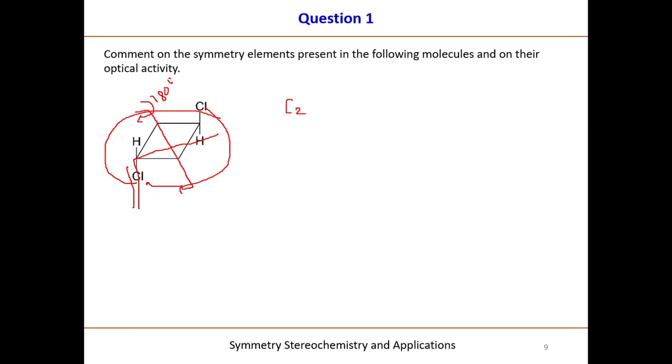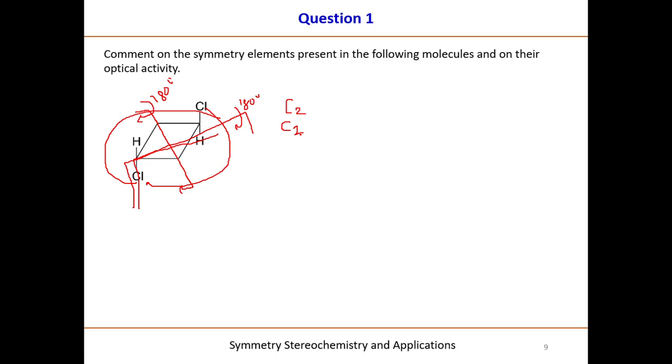If I pass the axis of rotation through this point by 180 degrees, this chlorine will go downside and this chlorine will go upside. That means we have another subsidiary rotation axis, C2.